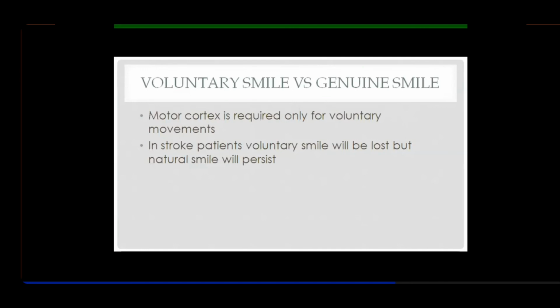The normal side will pull the muscles to the opposite side, so his lips will be pulled to the normal side, and when he tries to blow, air will come out through the affected side. He'll chew food, and it will collect in the vestibule between the gingiva and the cheeks.